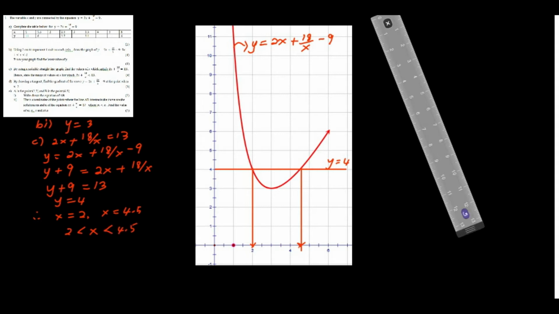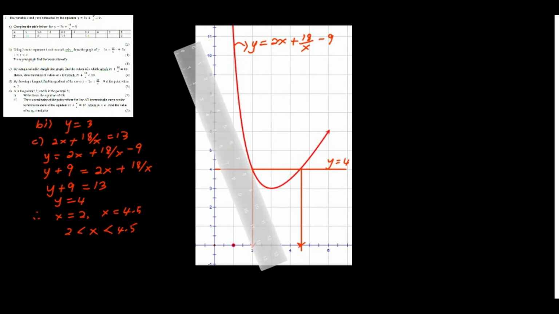Next, for D, you need to find the gradient when x equals 2. You are supposed to draw the tangent and find the gradient. It is supposed to be here.